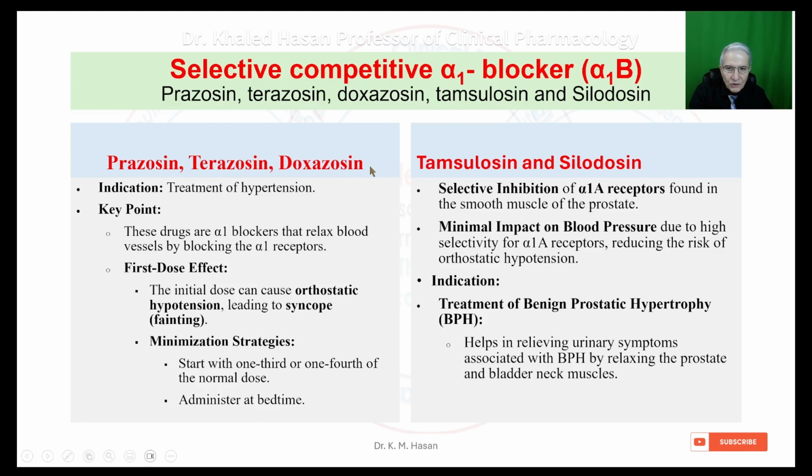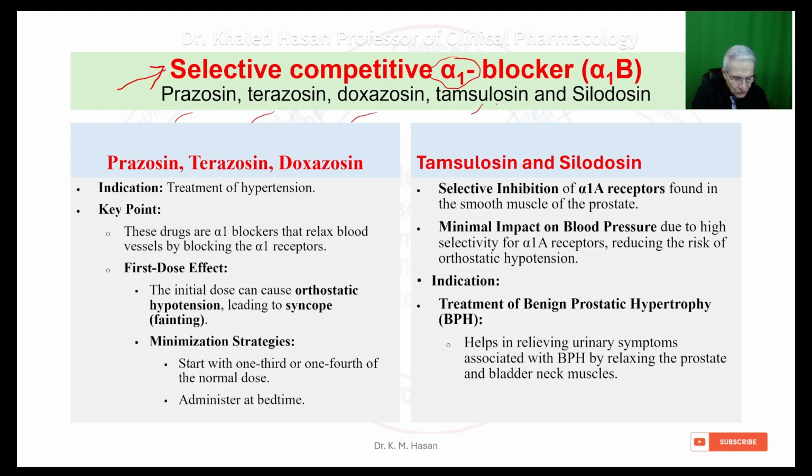Okay, so speaking about some selective competitive alpha-1 blockers, normally we prefer to go selective, because when you speak about selective medication, that means we have maximized the effect and minimized the side effects. So in this list we have Prazosin, terazosin, doxazosin. These are alpha-1 blockers.